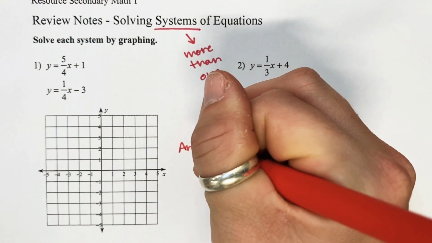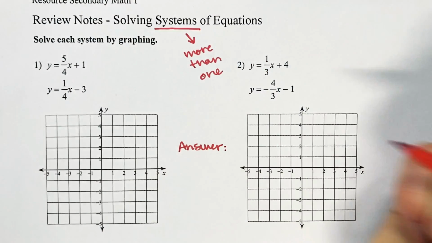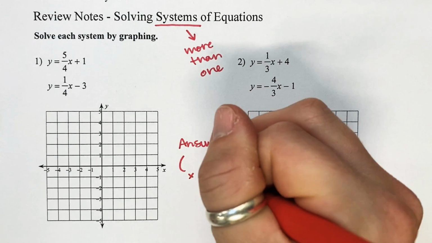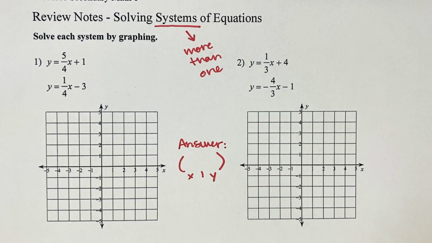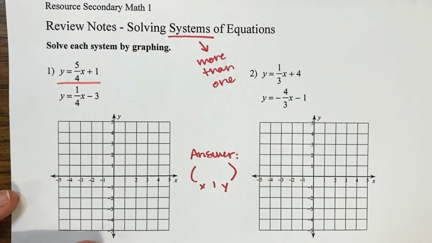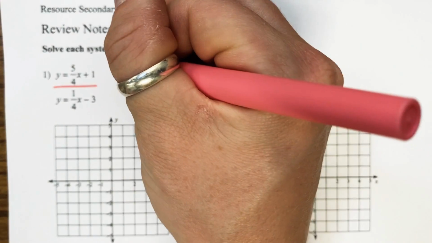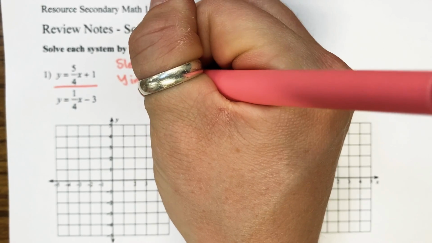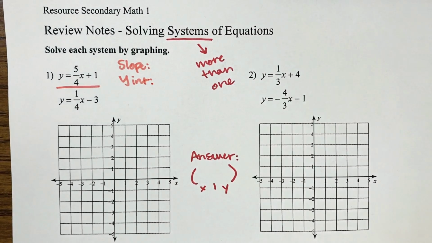Remember, the answer or solution to a system of equations is always a coordinate point where x comes before y. Okay, so let's go ahead and start graphing these. So I have my first equation on number 1. They are all in slope-intercept form, which tells us we can identify the slope and the y-intercept.